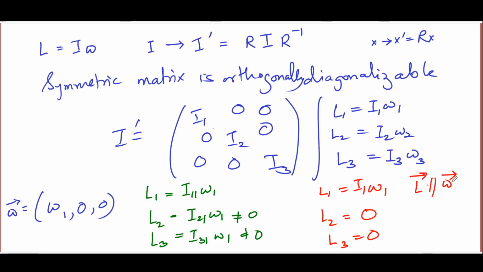And you can easily see that that will happen not only for an angular velocity vector which is entirely along the one axis, it will also happen if the angular velocity vector were entirely along the two axis or entirely along the three axis.